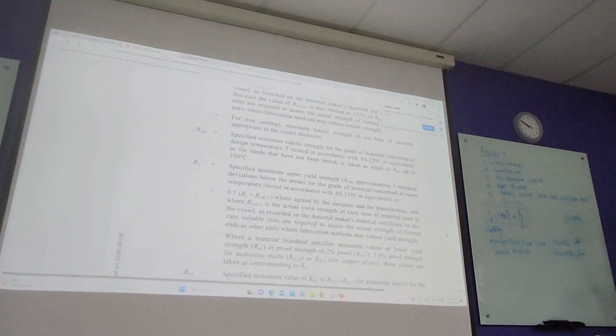From the catalog, we know 305 megapascal is our minimum upper yield strength, and the tensile strength is 460 megapascal from the catalog. That's how we saw it.